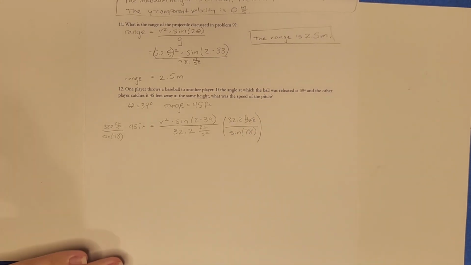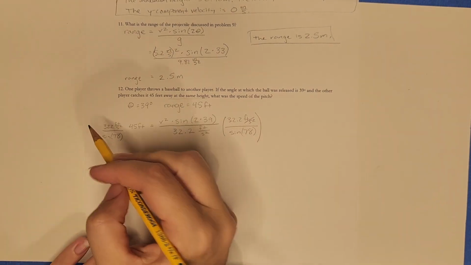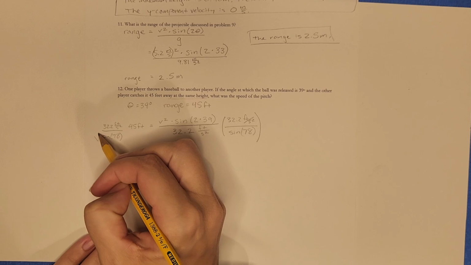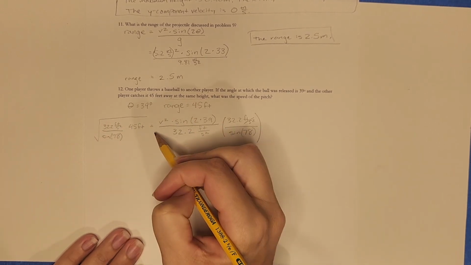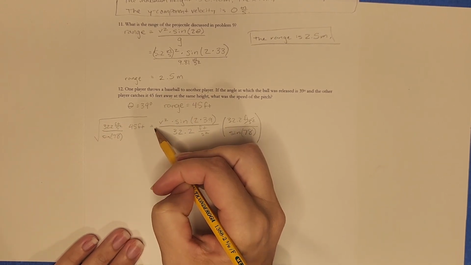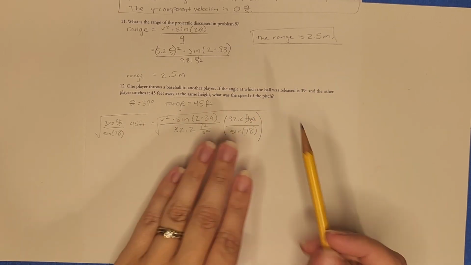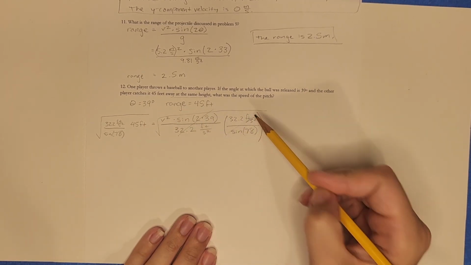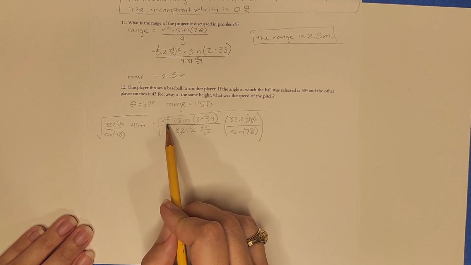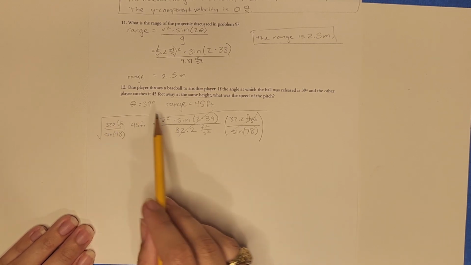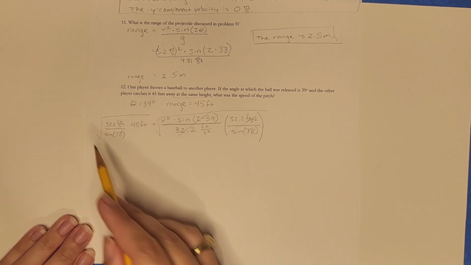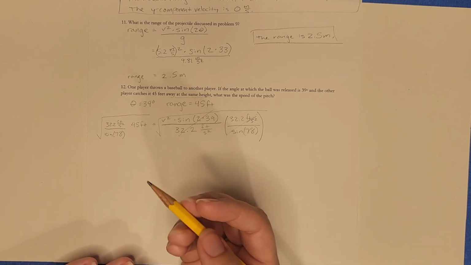Okay, and I'm going to kind of do all of this at once. So multiply both sides by that, and then take the square root. Okay, so what's happening is I'm getting rid of this, right? I'm left with velocity squared equals this, and then taking the square root of both.